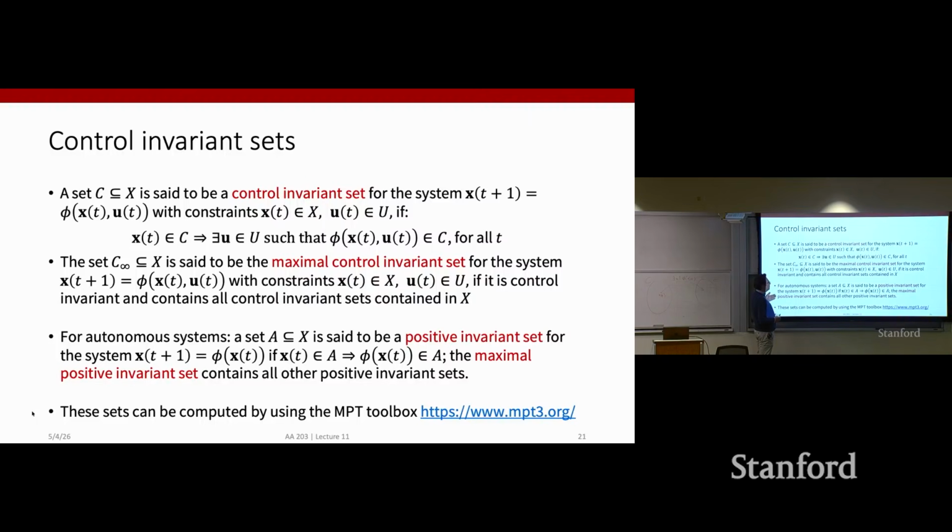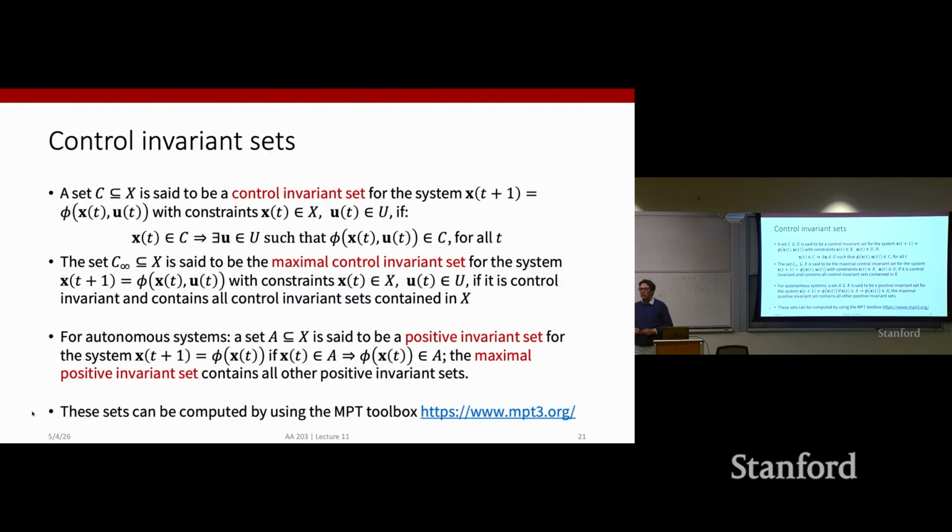A set is said to be positive invariant if, so if you start in the set A and you apply your dynamics, you still remain in A. So these sets can be computed by using a fairly powerful MATLAB tool called MPT. And actually, you will use this tool as part of your homework.